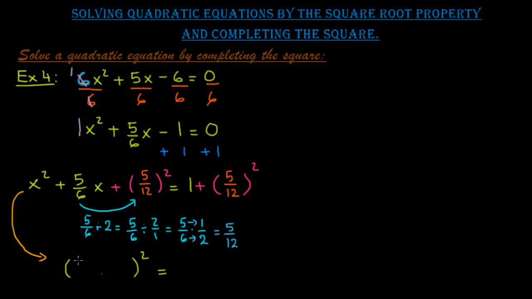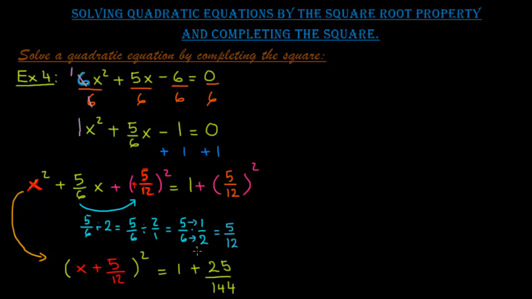The term I fill in this parenthesis is my variable, and the sign of the term you add in, this 5 over 12, is positive since it's positive. So we will have x plus 5 over 12 squared. We pick up the first term and the term we add inside, and put them in the blank. And from outside, you will have 1 plus 25 over 144.